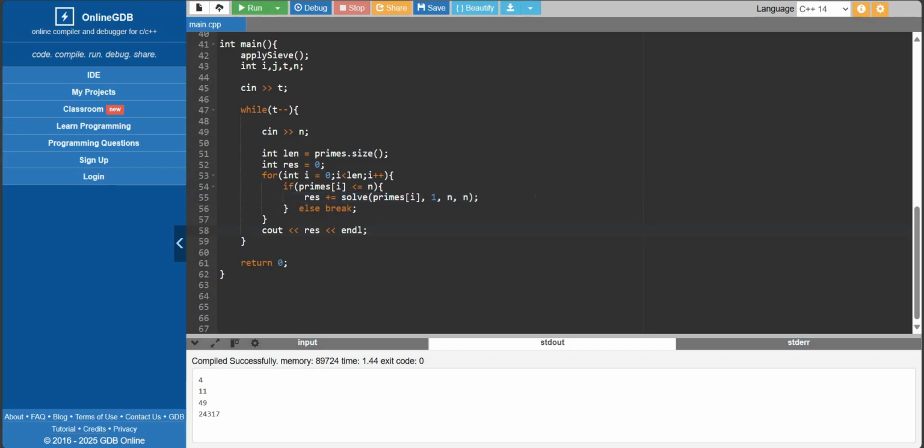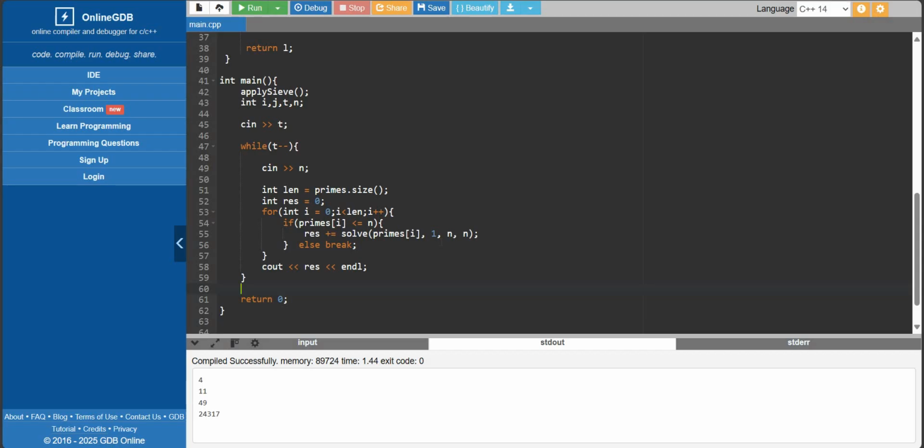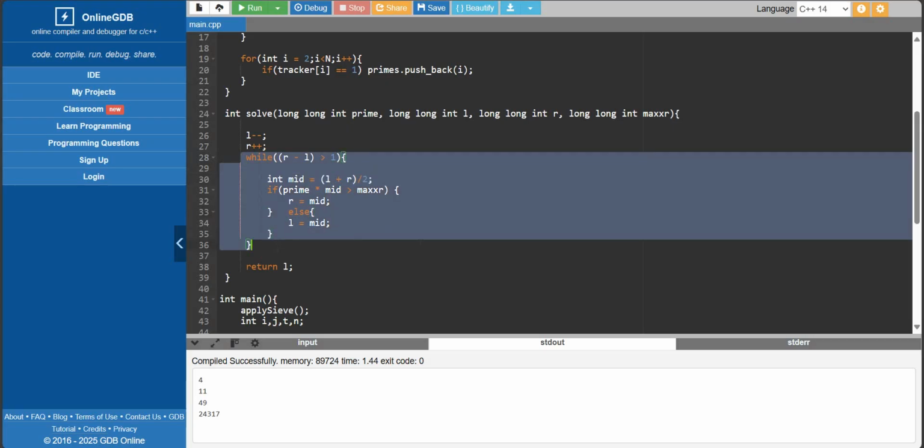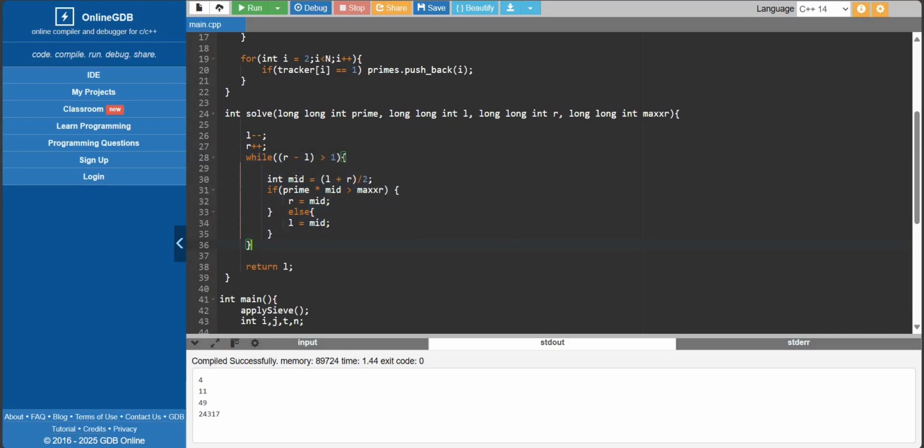That solve function, for the range 1 to n, takes the prime number and provides how many pairs satisfy the condition, I mean, what I said, that LCM divided by GCD is a prime number. How many pairs are we going to calculate here? We're going to do that using binary search. We're going to find the maximum possible pairs within the range.